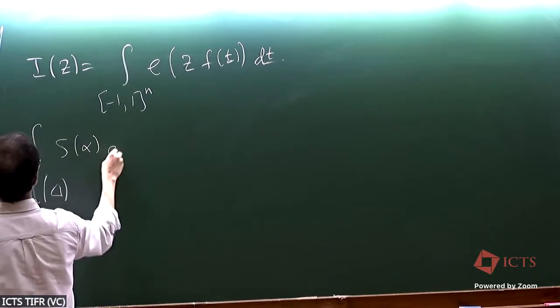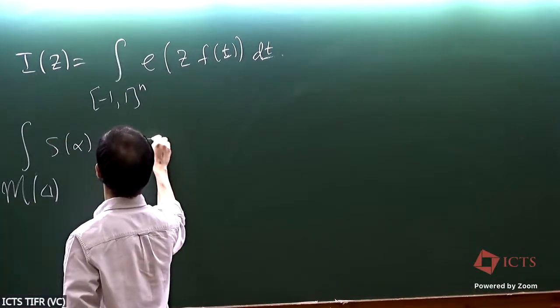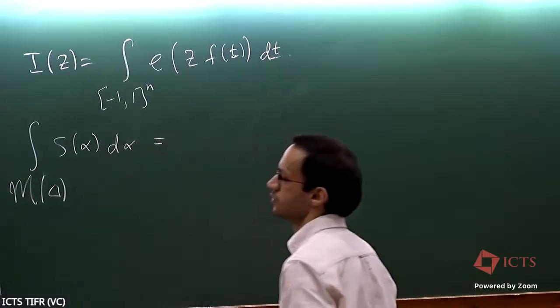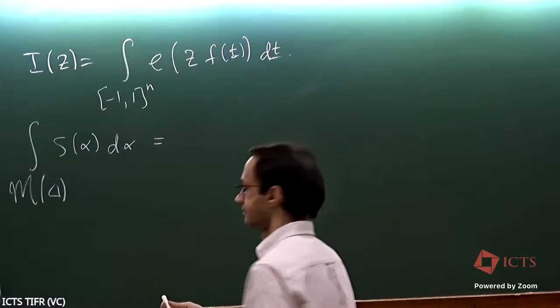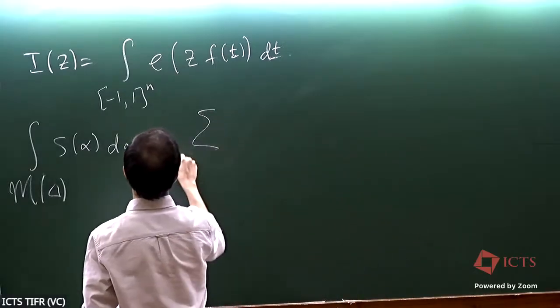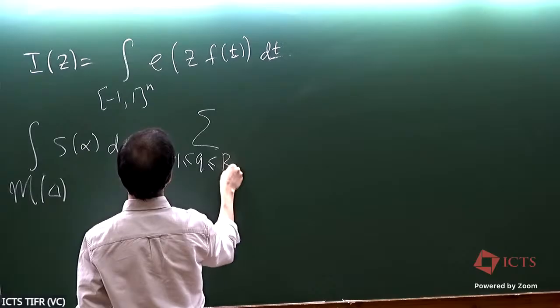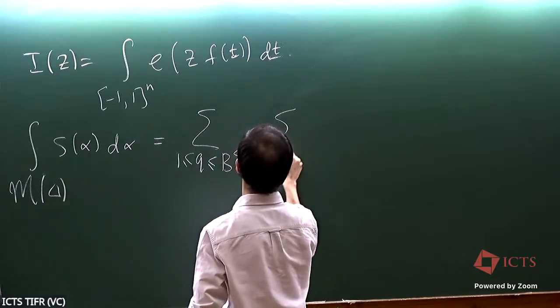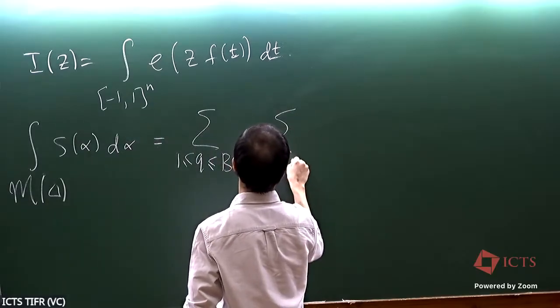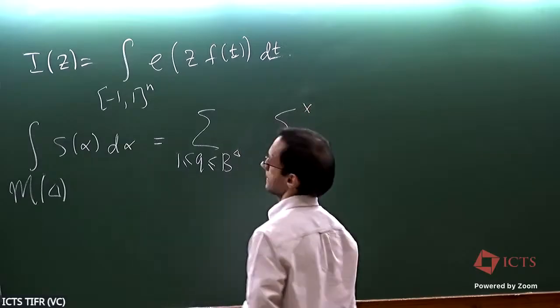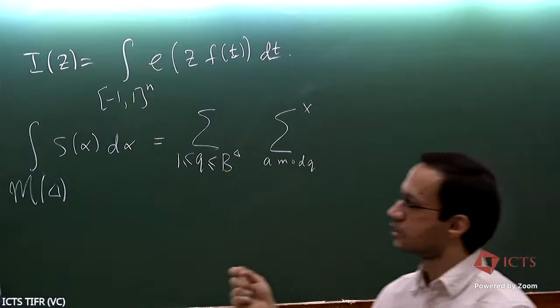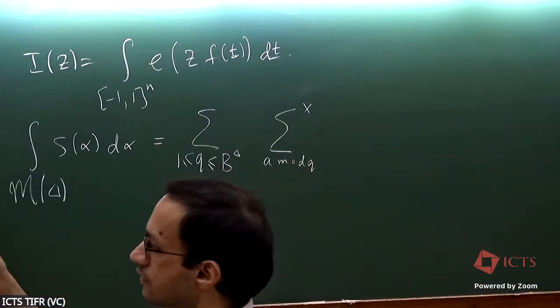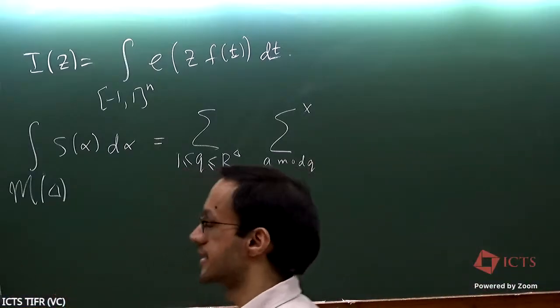S alpha. Right? So this particular thing is what? You want Q to go up to B to the delta. Right? You would, of course, want all of these A's modulo Q. You would want the thetas to go up to 1 over B to the minus 3 plus delta.